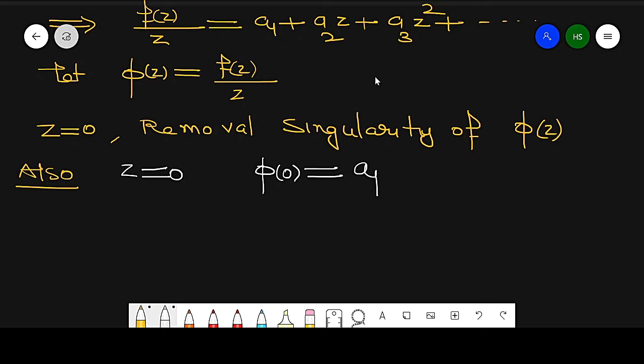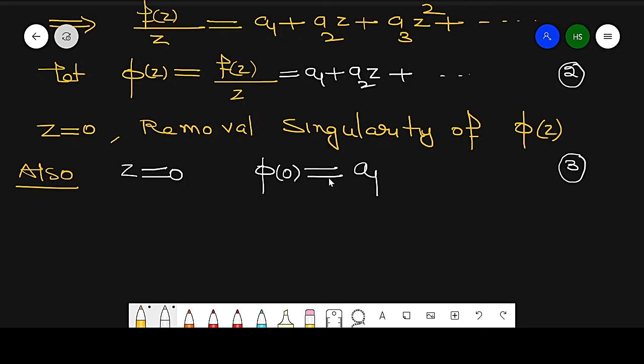So phi(z) is equal to a1 plus a2 z plus a3 z square and so on. This is written as equation number 2 and this is written as equation number 3. So what do we get? Clearly this function is analytic. Also, because its value is equal to a1, it is not constant.